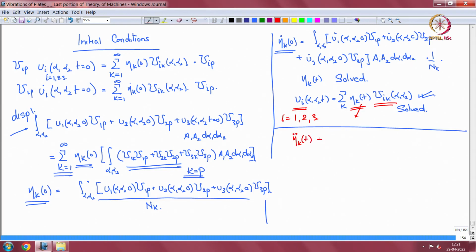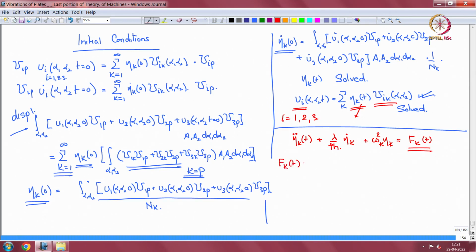Its equation looks like eta k double dot plus lambda by rho h eta k dot plus omega k squared eta k is equal to f k of t, which is the modal force. And what does the modal force look like?